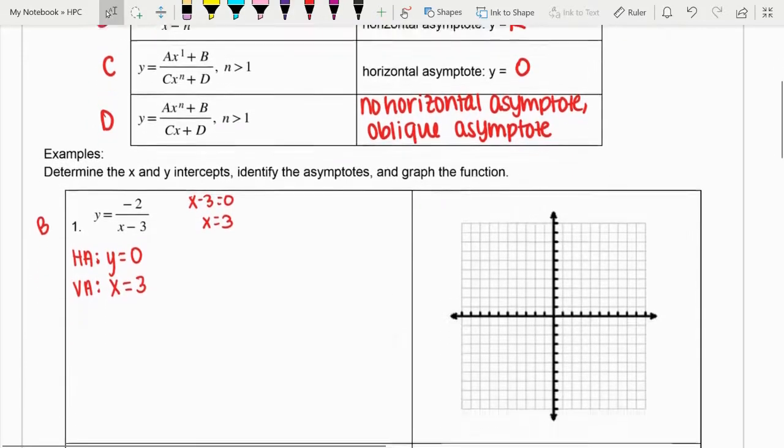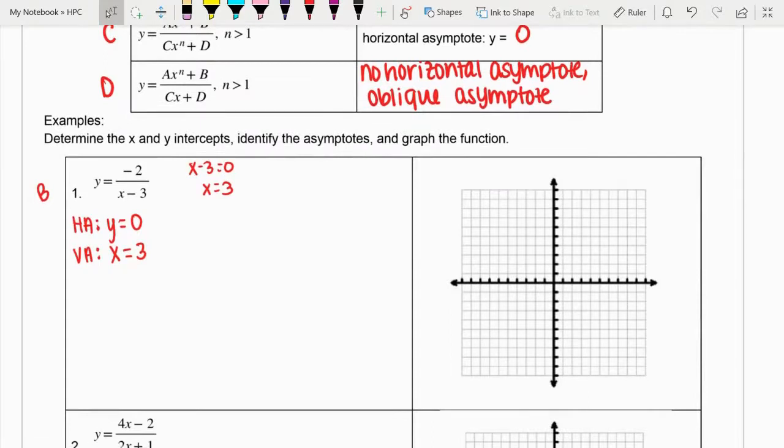Okay, next we can go ahead and identify our x and y intercepts. So my x-intercept, I'm going to set y equal to 0. So 0 equals -2 over x minus 3. This would not be possible because if I multiply both sides by x minus 3, I'm going to get 0 equals -2.